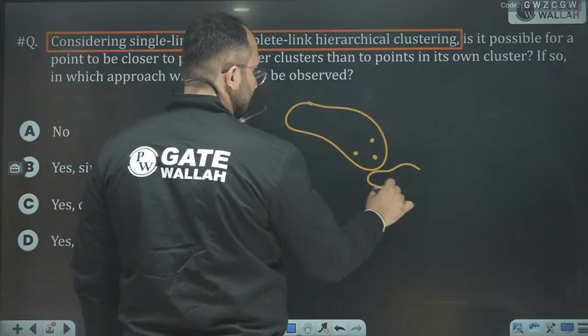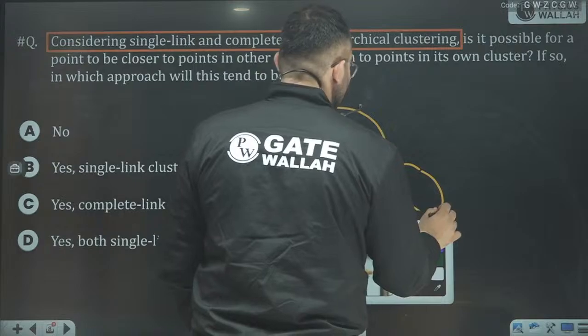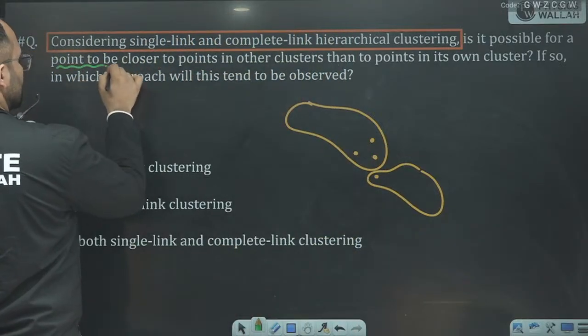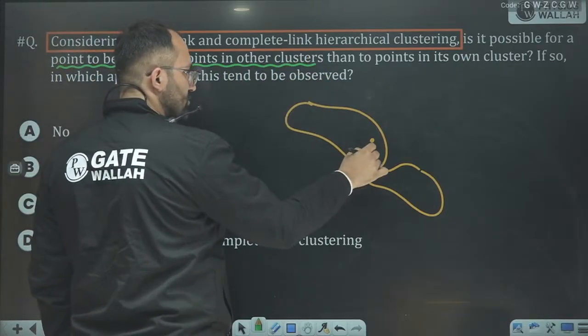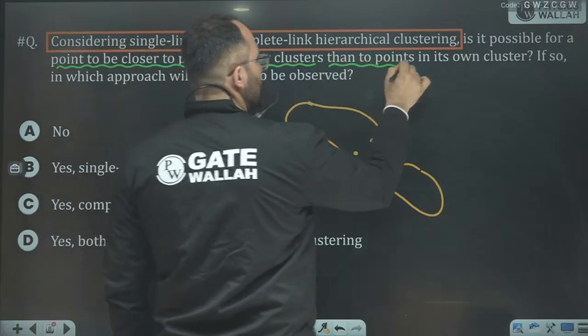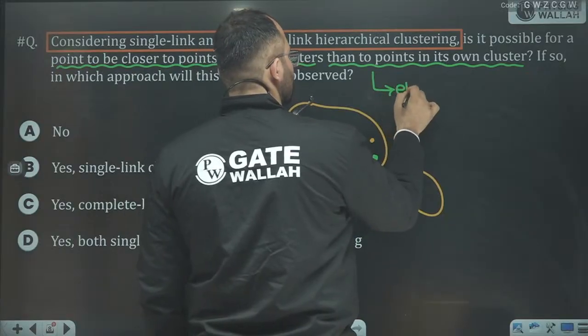So we have clusters. The condition is that a point is closer to the points in the other cluster than to the points in its own cluster. Means we have elongated clusters.